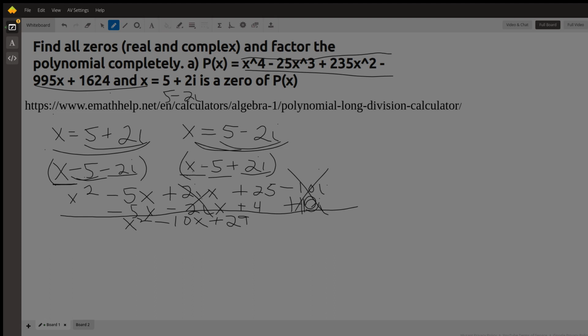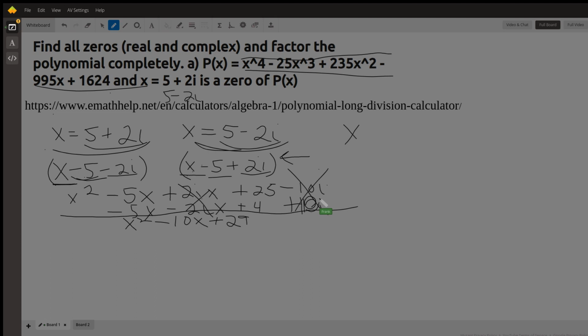And now here's the URL, emathhelp.net/en/calculator/algebra-1/polynomial long division calculator. I can plug the original polynomial in there and then divide it by this new one I just found, x squared minus 10x plus 29. That's a polynomial formed by these two factors made up of the complex zeros. And again, on that one, it shows steps so you can follow along, and it will spit out the answer, which is, I'm scrolling to the bottom to get the answer, x squared minus 15x plus 56.